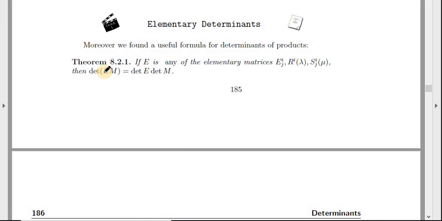I can take any elementary matrix times a matrix and get the product. Now there's no reason why I can't repeat this process.